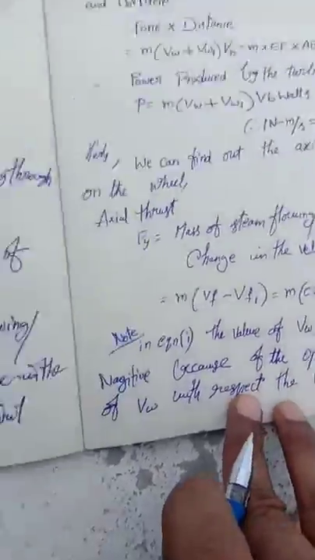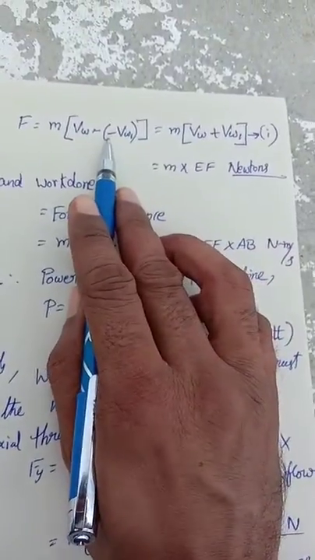So that is the reason we take here the velocity, you can here put minus.